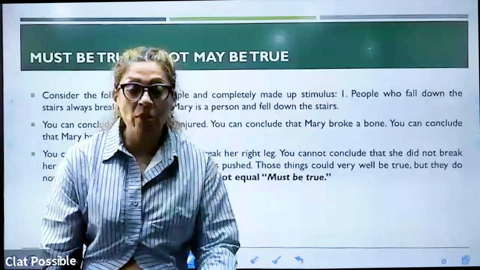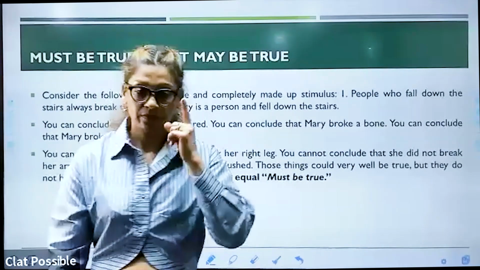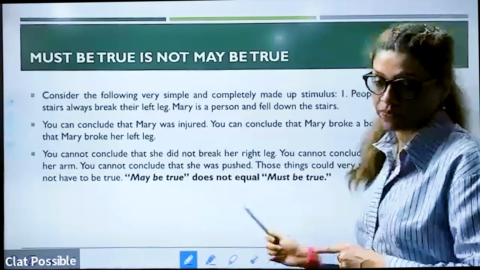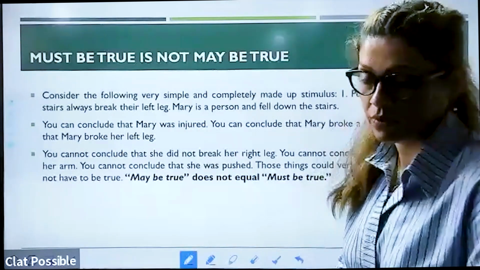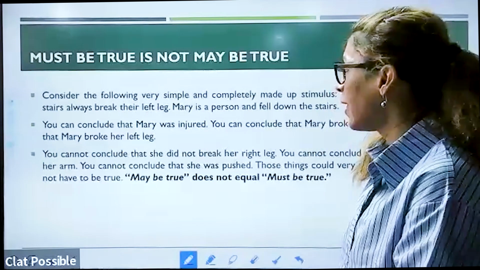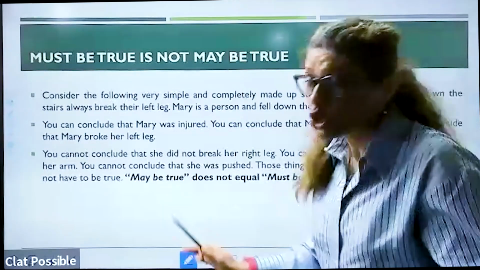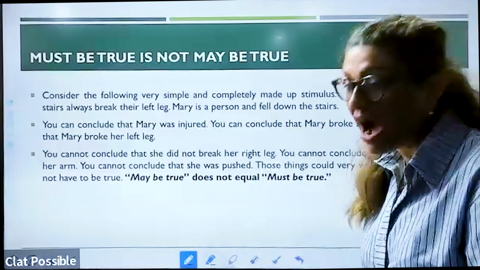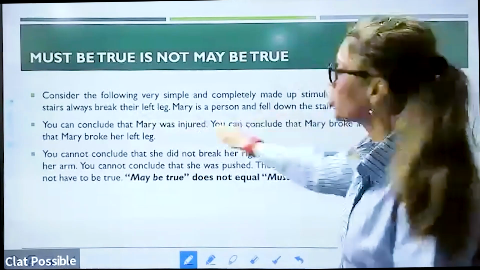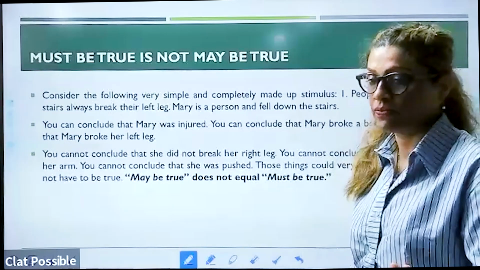Will you all write that in the chat box? Maybe does not mean must be. I have written it here, children. May be true does not mean must be true. So maybe her left leg is all that was broken, but we are not sure about other leg or arms or whatever else. Left leg we have been able to be sure of because of the two statements, but for other limbs we don't have any information.